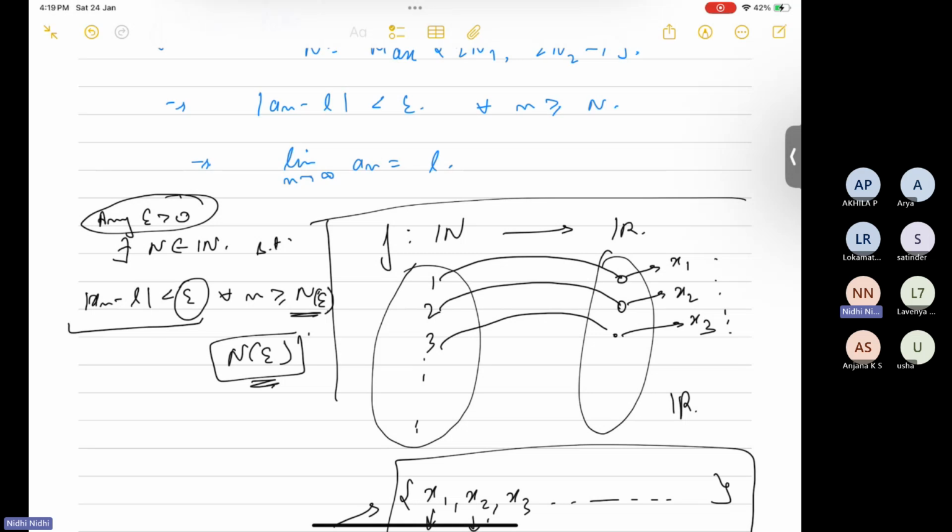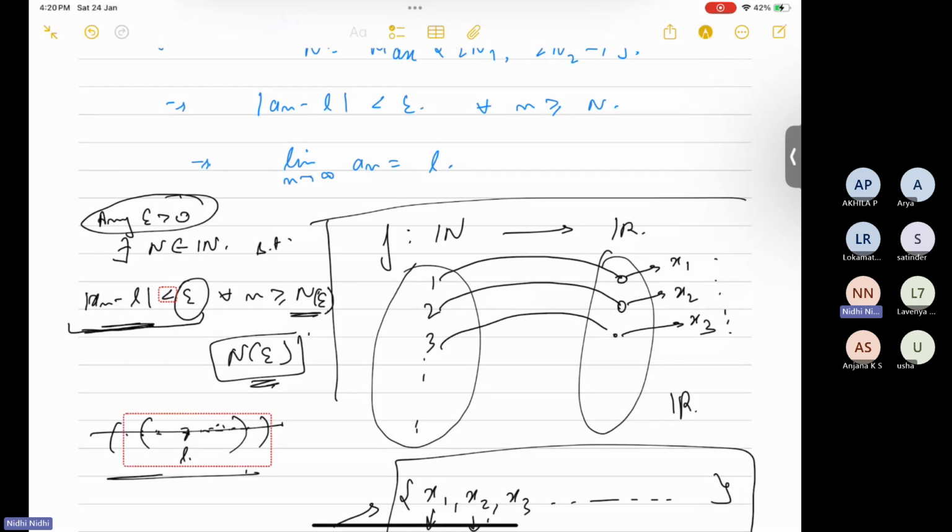Now when we are talking about small, this mod xn minus L less than epsilon depicts an interval around L. So we are saying that after a stage, all the elements of the sequence are lying in this interval. The elements can be anywhere, greater than L, lesser than L, equal to L as well. But if I make this a shorter interval, that means my epsilon is smaller.